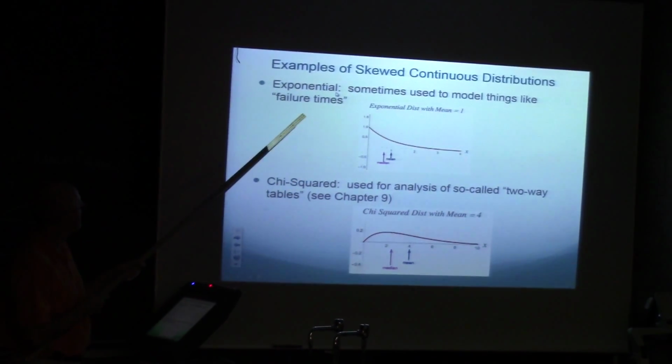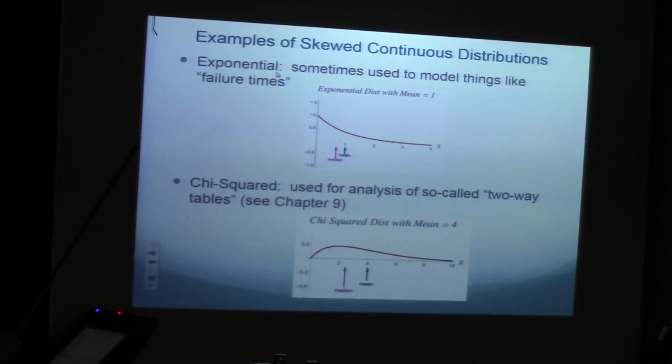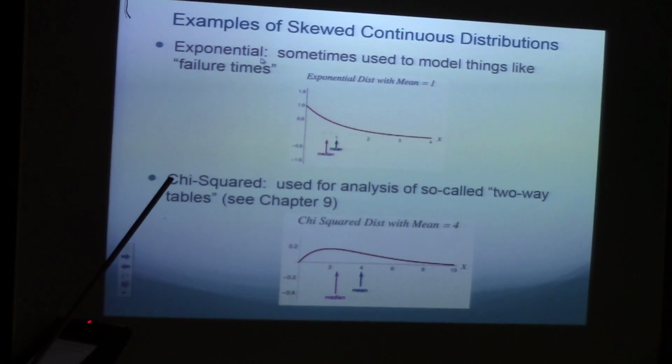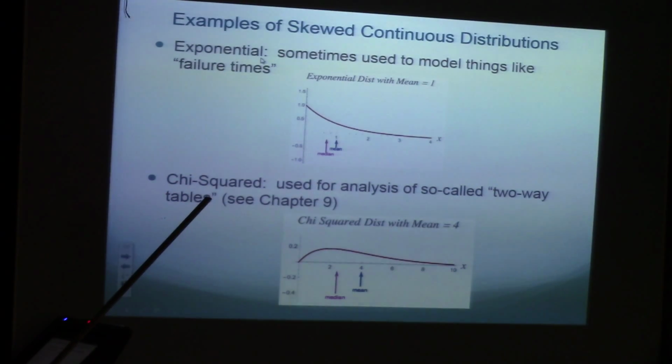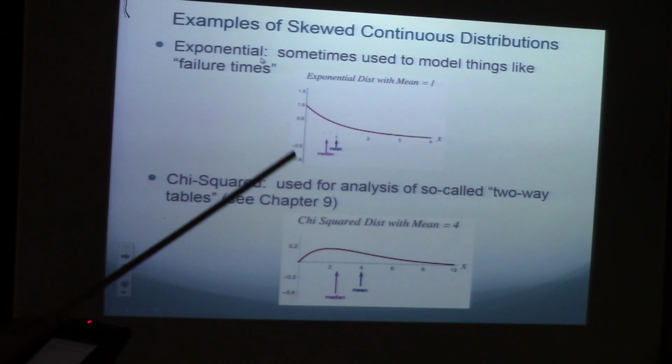Okay, it's sometimes used to model things like failure times. For example, I've never actually done this experiment, I've heard that battery lifetimes under stressful conditions where the battery is being used tend to follow an exponential distribution. How long does it take for the battery to fail? Is the question.